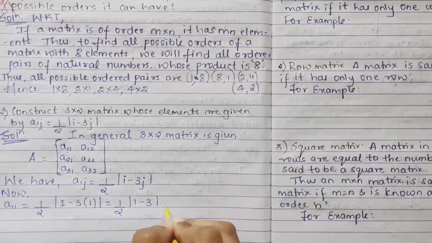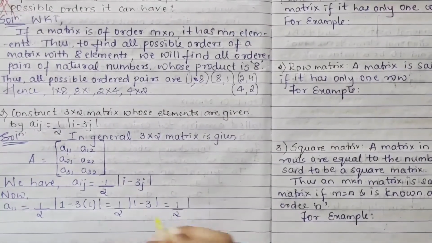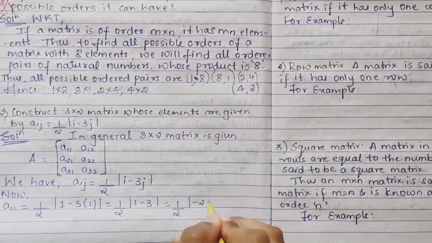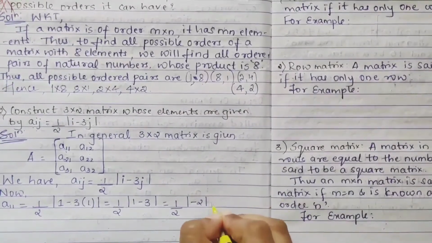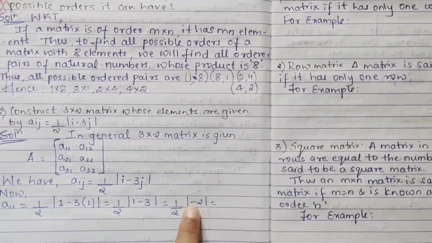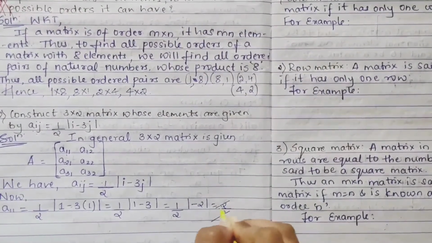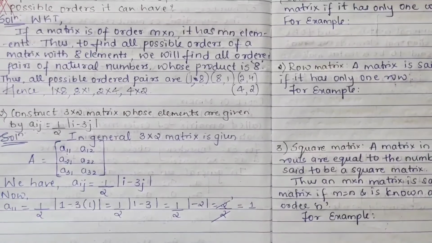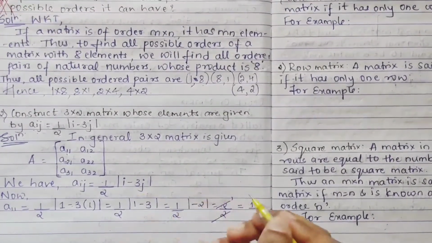Here you will get half of 1 minus 3, which is minus 2. As you know, in modulus negatives also become positive. So you will get 2 by 2, which is 1. So the A11 element is 1, right? I hope you are clear how we have to do this.